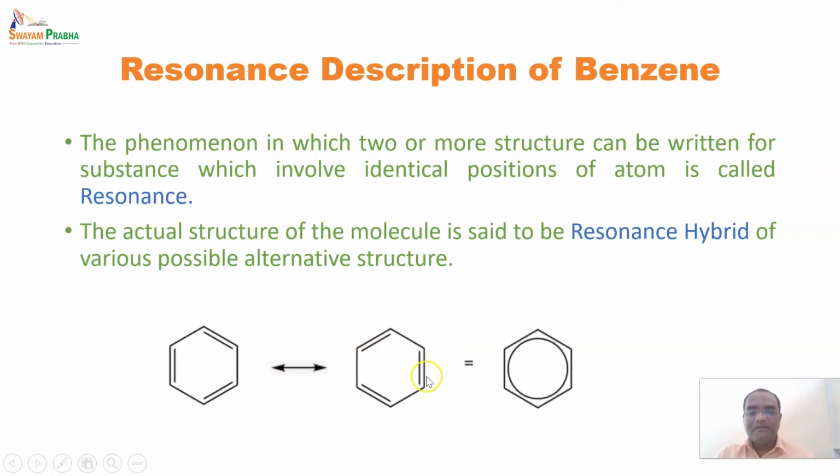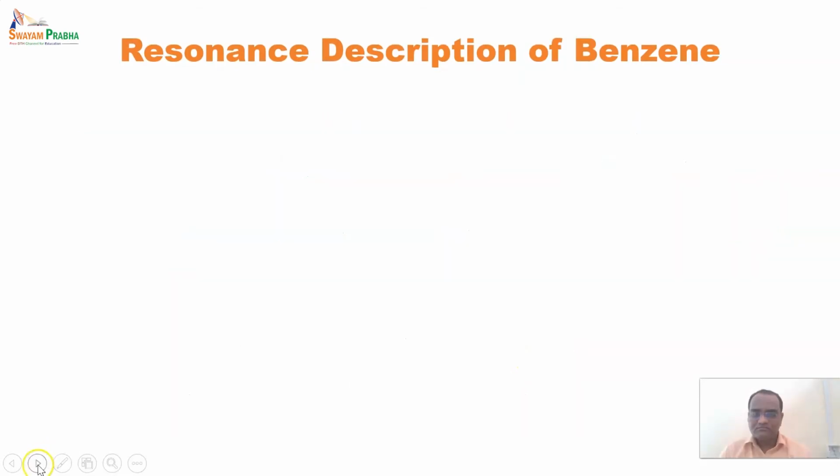And the hybrid or equivalent of these two structures is represented by three lines or two lines of an equal sign. So the resonance hybrid is a thing that represents the possible alternatives of all the structures. Here there are two structures of benzene, and the possible alternative for this is a resonance hybrid having a circle in the middle. So it is indicating that the pi electrons are delocalized.